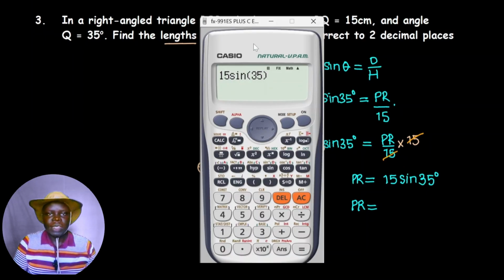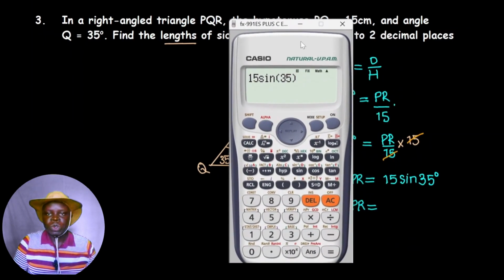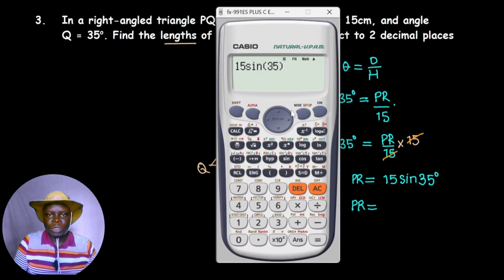35 degrees. And first of all, look at if there's any restriction. Here, we have to correct to 2 decimal places. And remember, in our previous calculation, our result was in 1 decimal place, which is this one. For us to get to 2 decimal places, we can also fix it again here by coming to second function or shift, and you go to set up in order for us to identify 6.